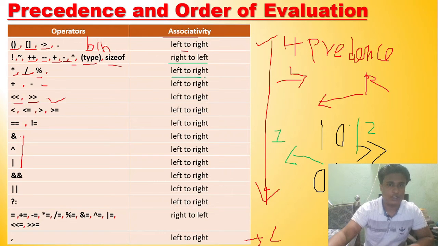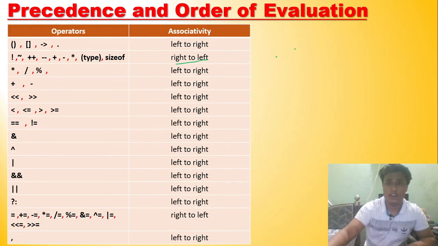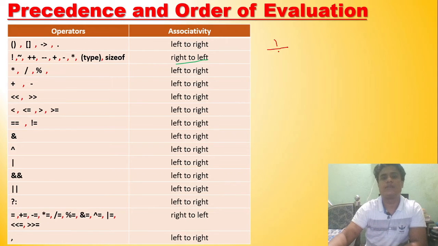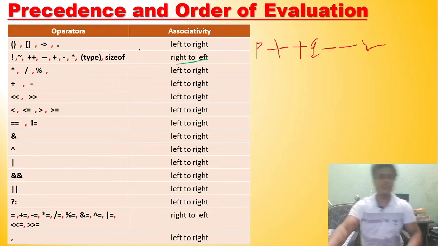So remember this about associativity. It only applies whenever there are 2 or more operators of the same precedence. So like plus and minus. Here plus, and again minus here, with operands like P, Q, and R. Which one is to be operated first, because both have the same precedence?